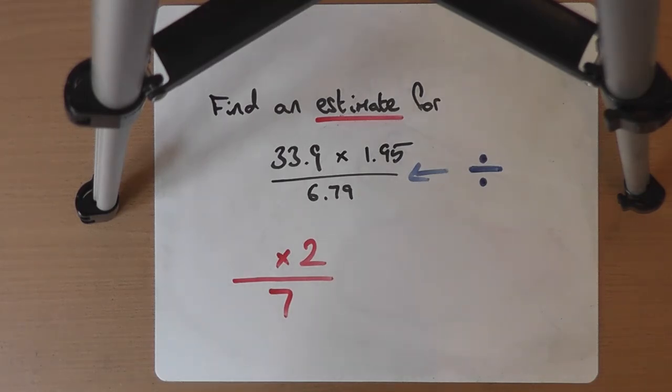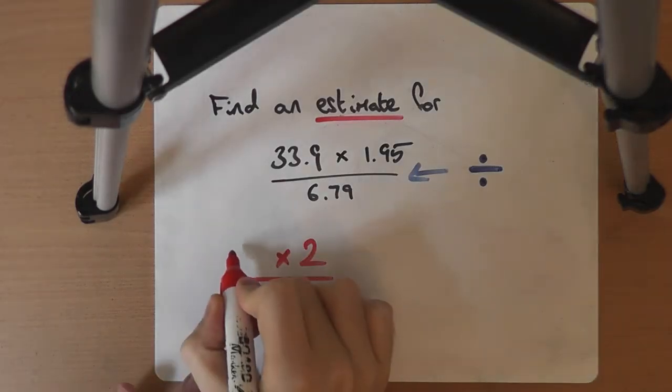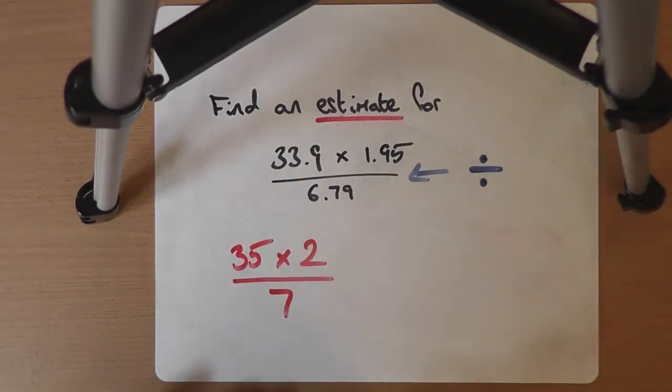So the number I'm going to pick, 33.9, well yes, 33.9 is very close to 34, but if I do 34 times 2, I get 68, which won't divide by 7. But we only need a rough estimate for the answer. So I'm going to say that 33.9 is actually still quite close to 35. 35 is a nice enough number, it's still fairly close.